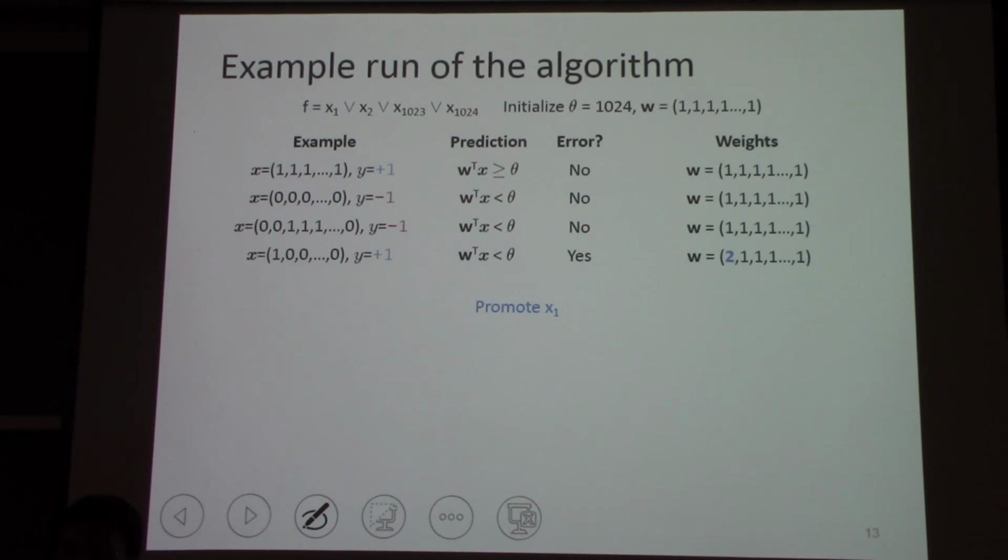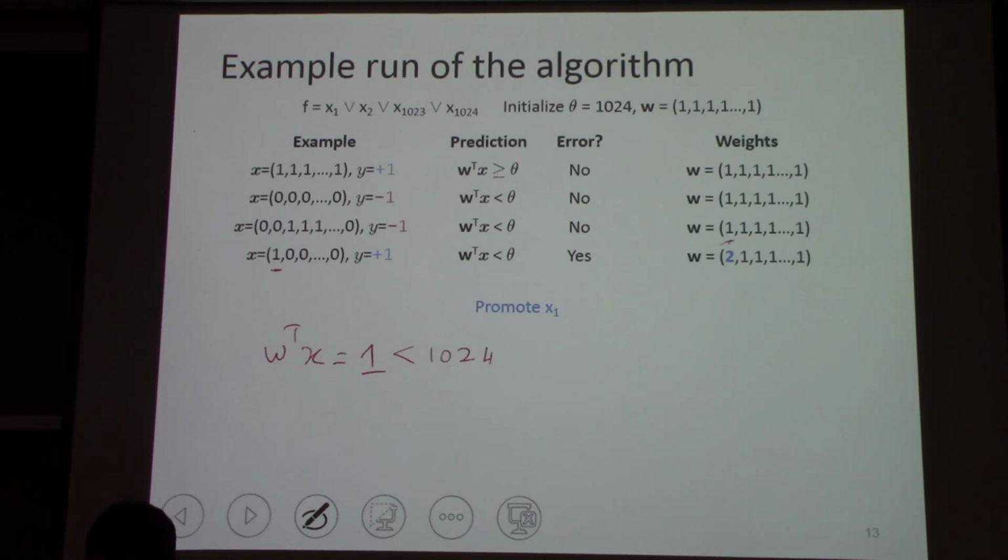Let's say a new example comes in and we make a mistake. This time, only the first feature is 1, everything else is 0. So W transpose X equals 1, because all the other features are 0, and only the first element of W counts, which is less than 1024, which means you predict -1.